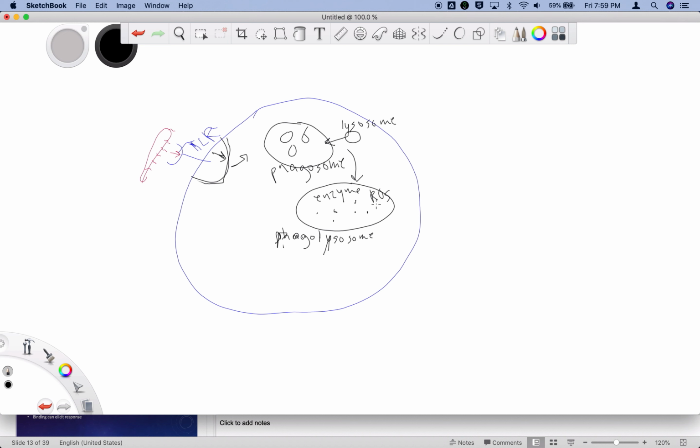This phagolysosome is where all of that enzyme digestion occurs. So as I just showed you this picture, the last step here would be exocytosis. Exocytosis, but with some exception.